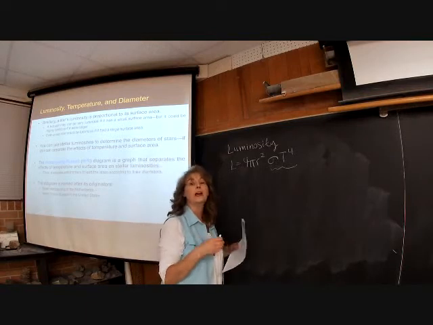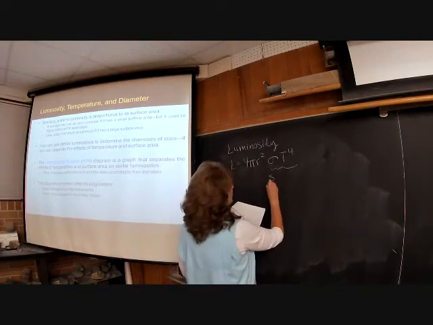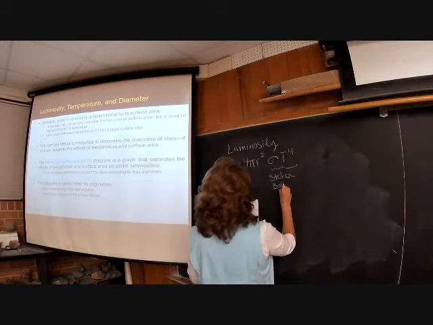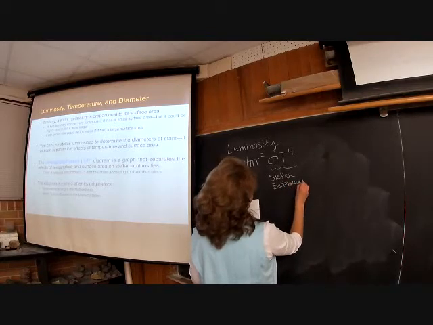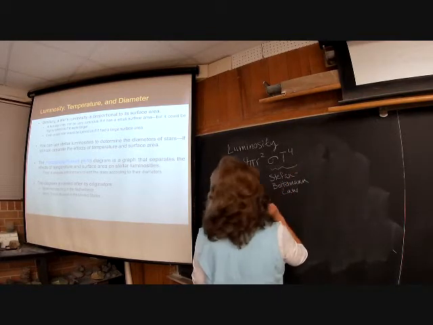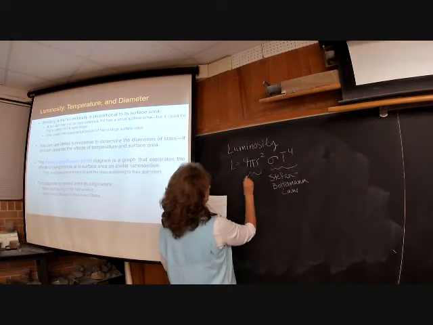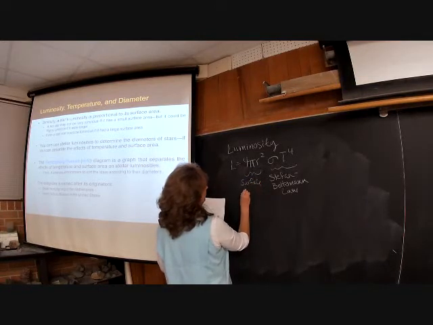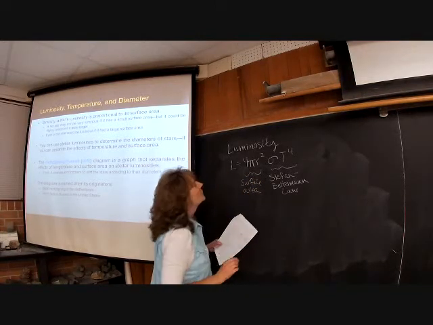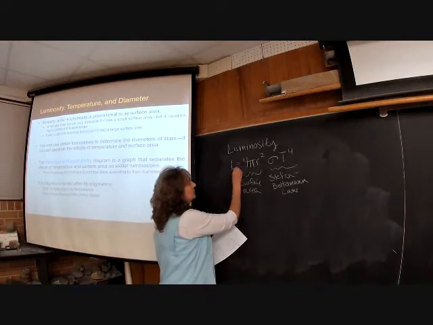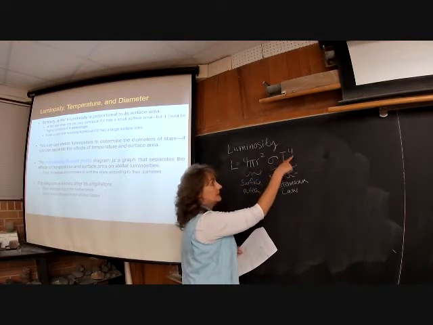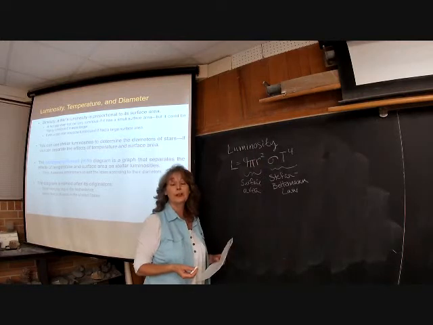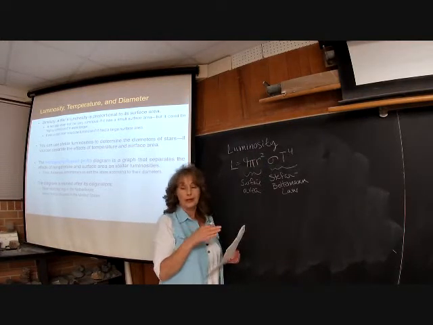That's the Stefan-Boltzmann law, a portion of the Stefan-Boltzmann law. And this is the formula for surface area. So luminosity is related to temperature, right? T for temperature. And you see the R in there, that's a radius, which, if you know your diameter, radius is half of the diameter.